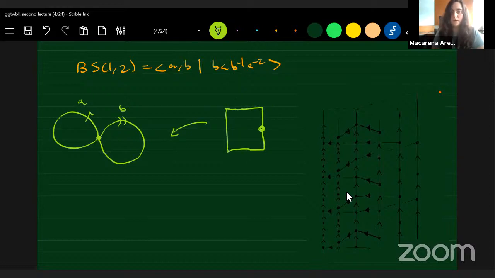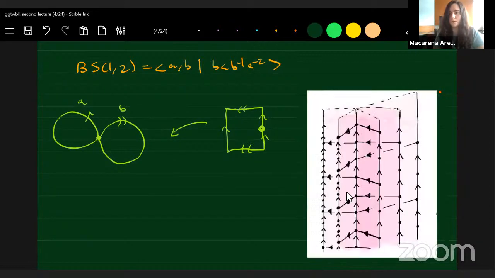The labels on the sides are a, b, a, b inverse, a inverse, a inverse, b. And the universal cover of the presentation complex is the Cayley complex, which is this one.